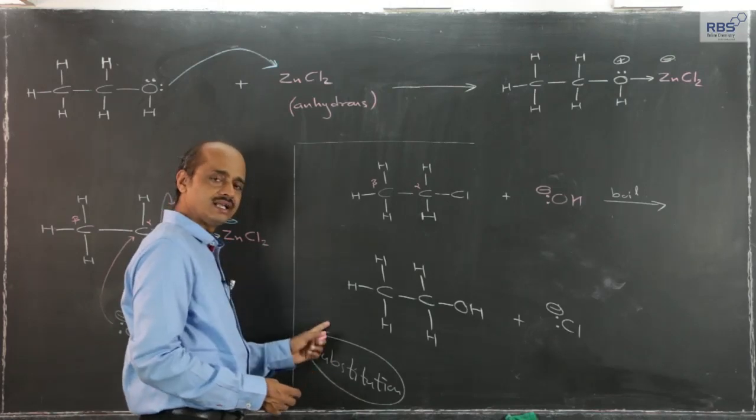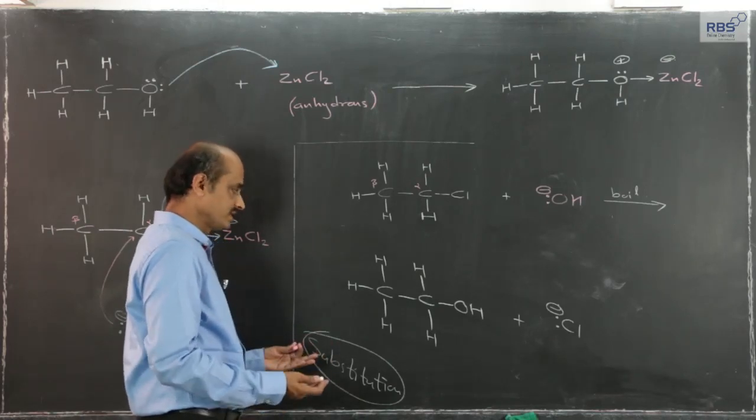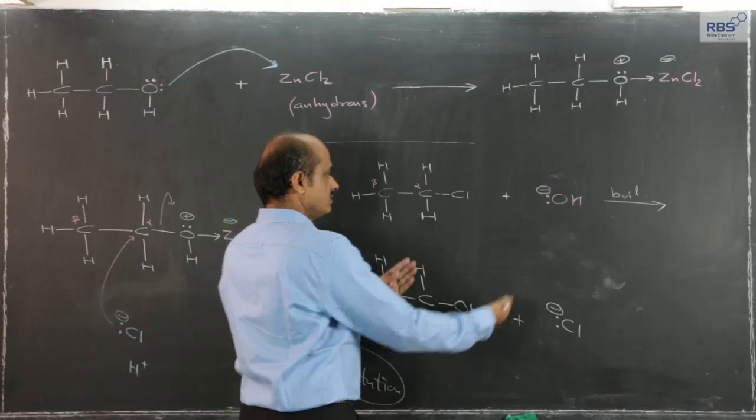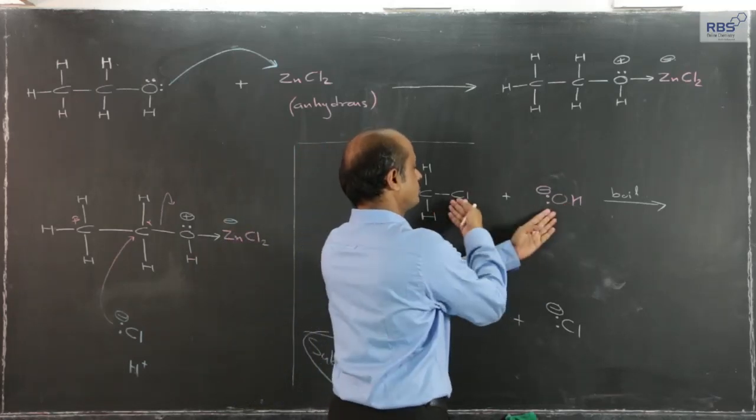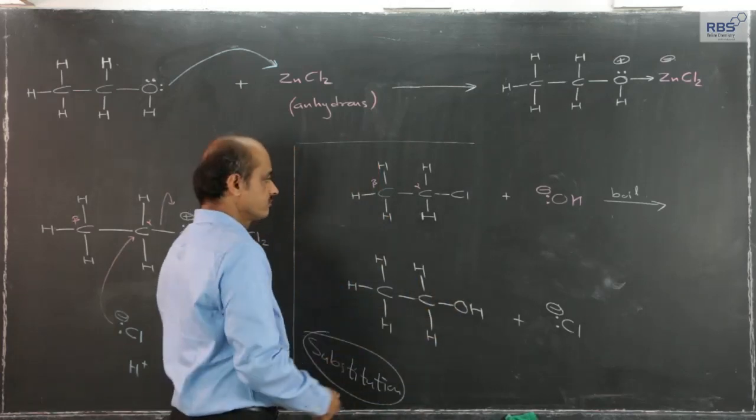So, this is of course a substitution reaction, OH minus ion from KOH substituting chlorine.